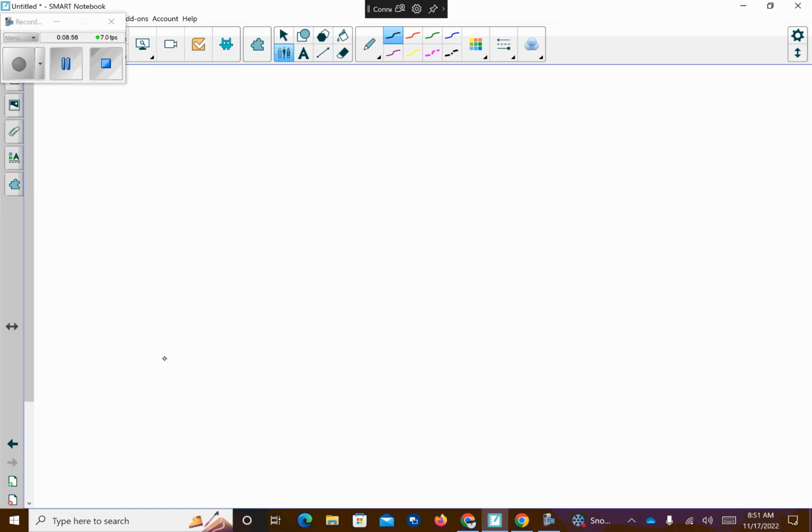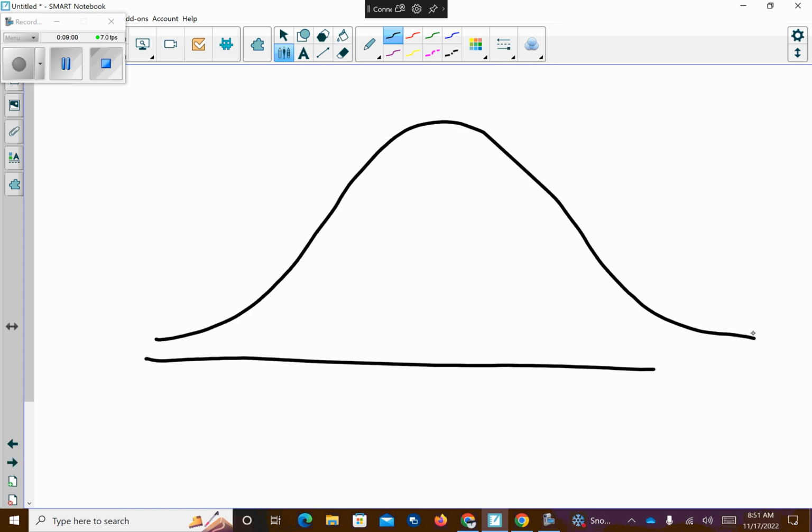Okay, so a good normal curve basically should look like this.